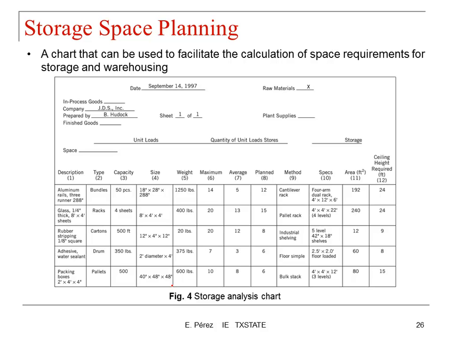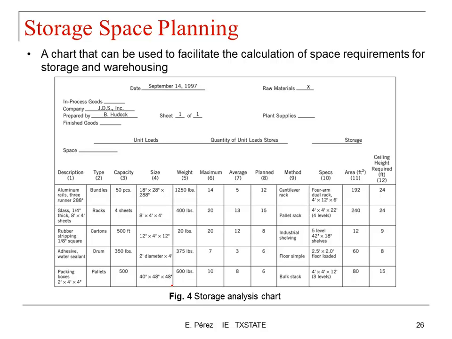So how often are you sending those items to your customers? What is the amount of those units that you're sending to your customers? And so on. So you need to have a way to compute the space that you're going to need for your facility warehouse. So a chart can be used to facilitate these calculations of space requirements for storage and warehousing.